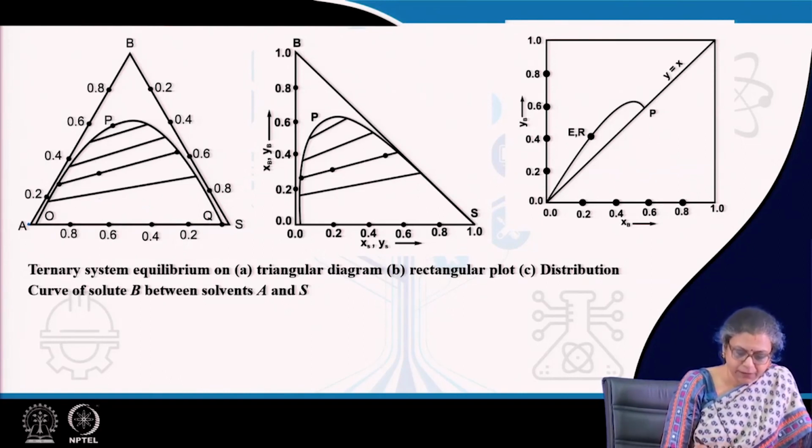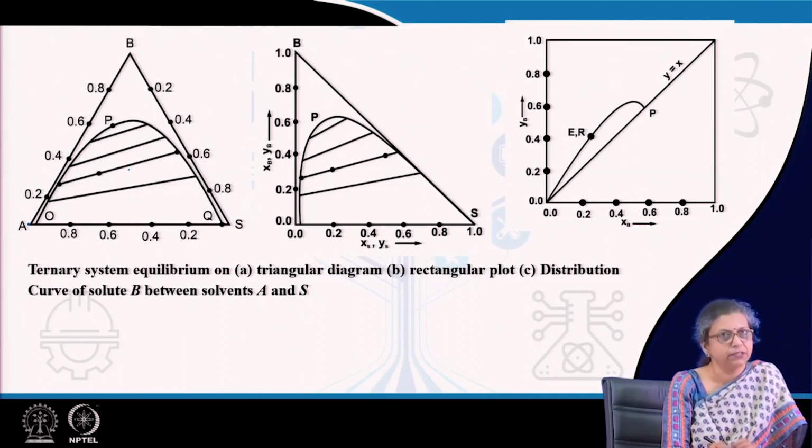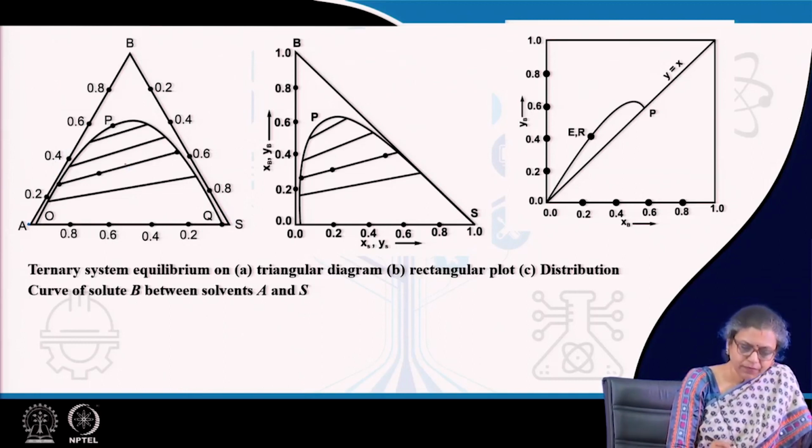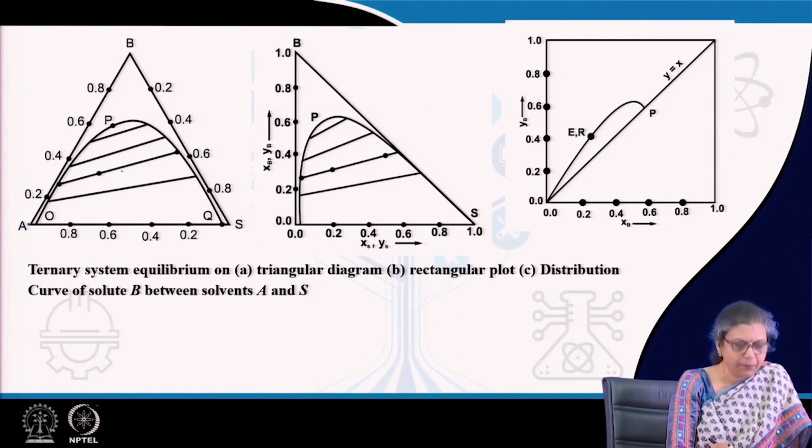And you will find that the moment you add S, the composition immediately shifts from the straight line to inside the triangle, right? And when it shifts, here all the three components are present.